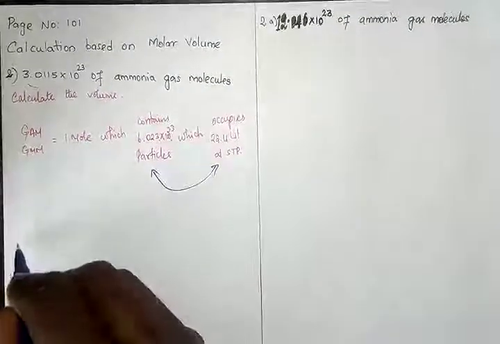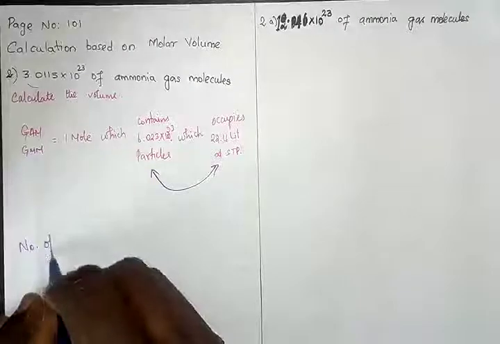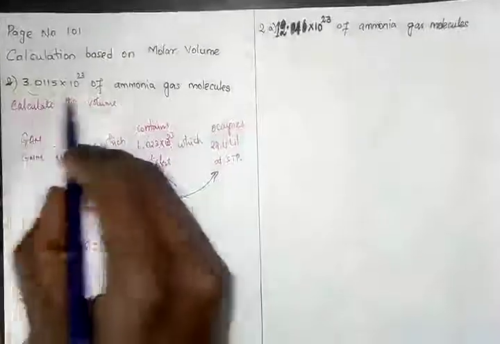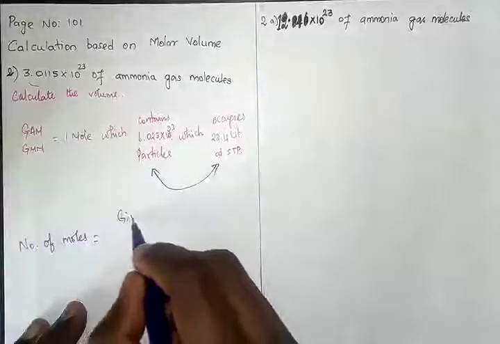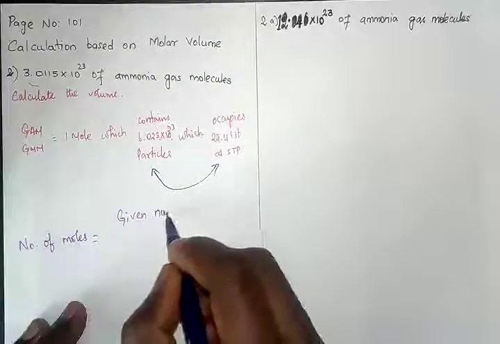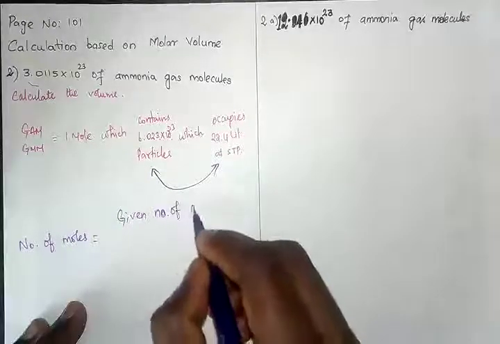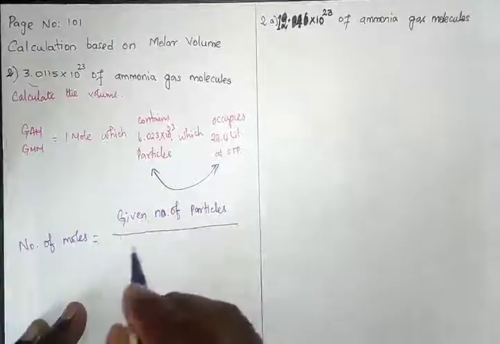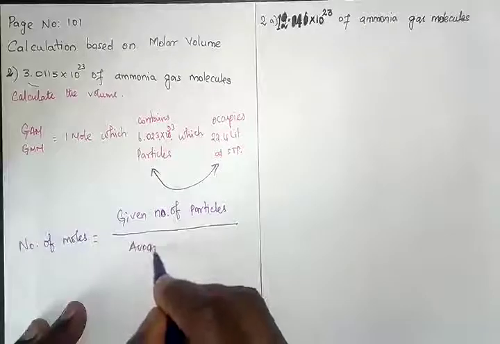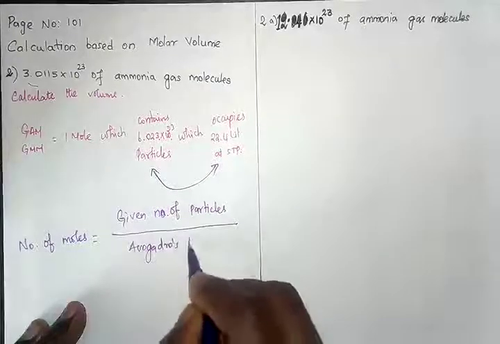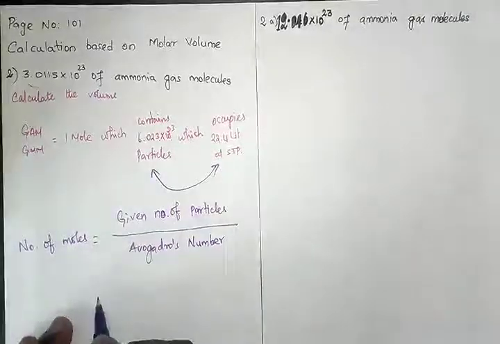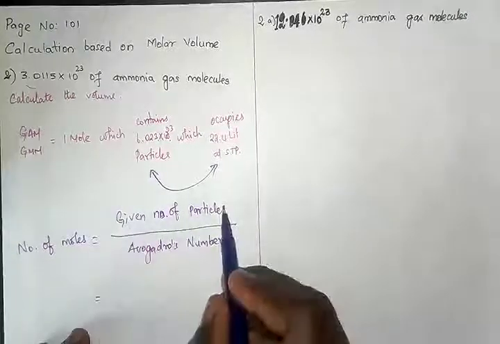So what is the formula? Number of moles is equal to, if particle is given, the formula is given number of particles divided by Avogadro's number.